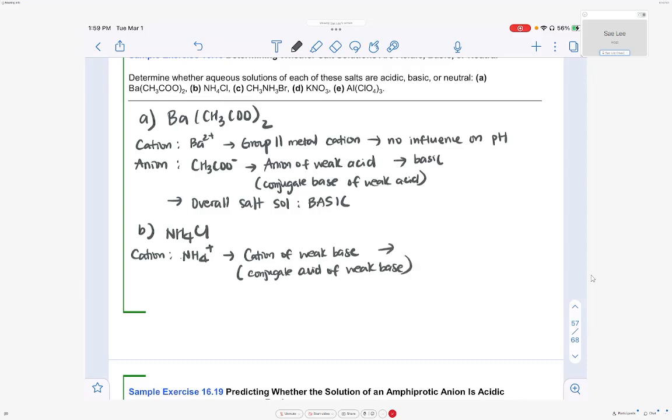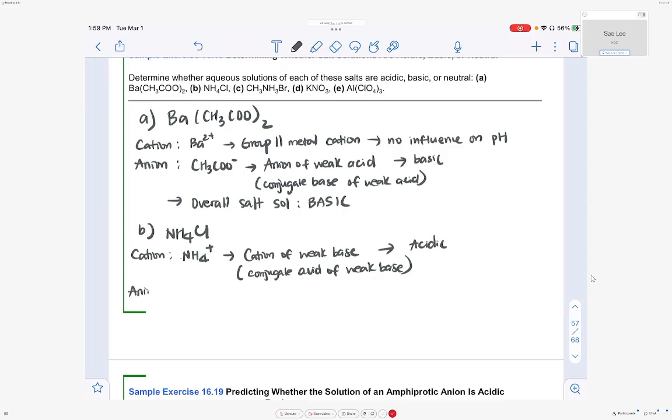What properties does conjugate acid of weak base have? What properties does cation of weak base have? They're weakly acidic, right? So this cation will have acidic influence in the aqueous solution.